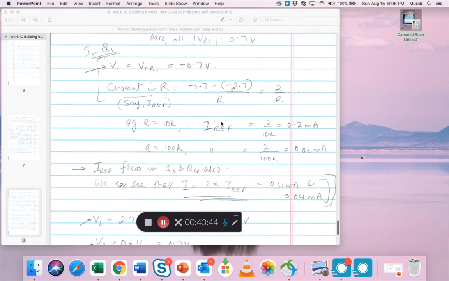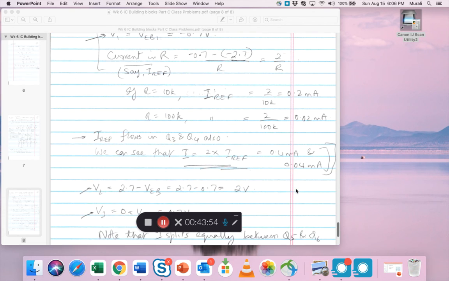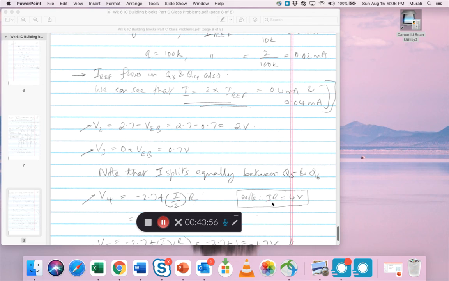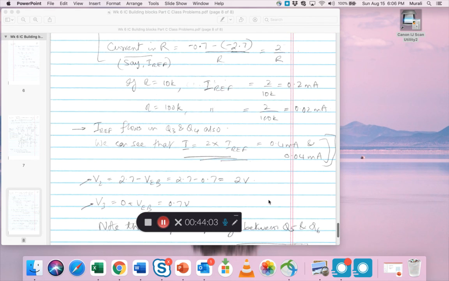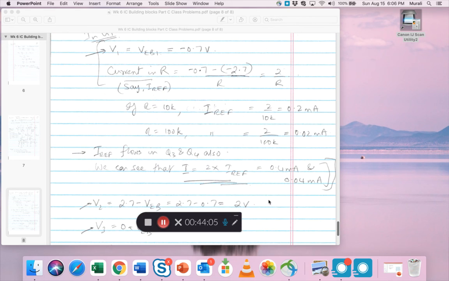And we said that I reference is half of I, or I equals 2 times I reference. So that's 0.4 milliamps. So IR, whether it's 0.4 or 0.04, always comes out to be 4 volts, and we use this somewhere below. So that's a small trick to remember. Anyway, so we found the two currents for two different cases of R.